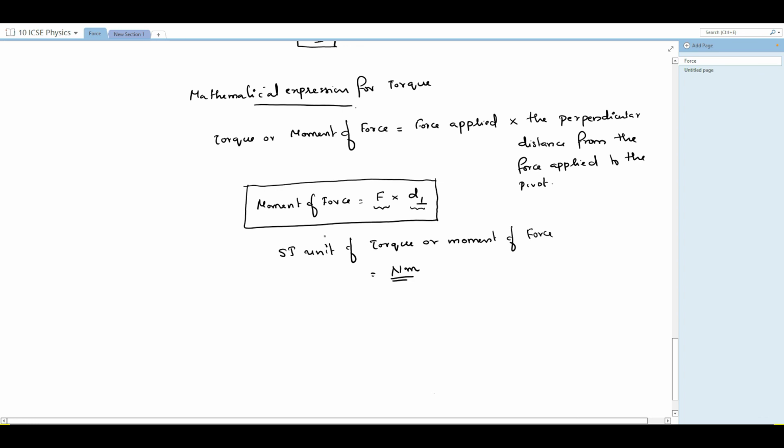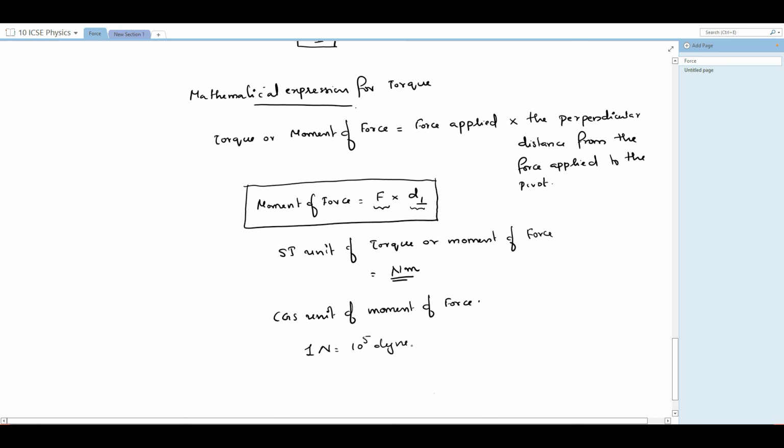So what is the CGS unit of moment of force? In the previous lecture we understood that the CGS unit of force is dyne, and 1 Newton is equal to 10 to the power 5 dyne.